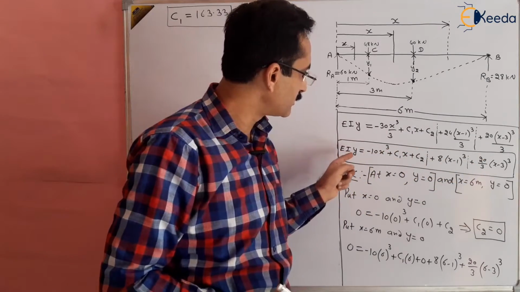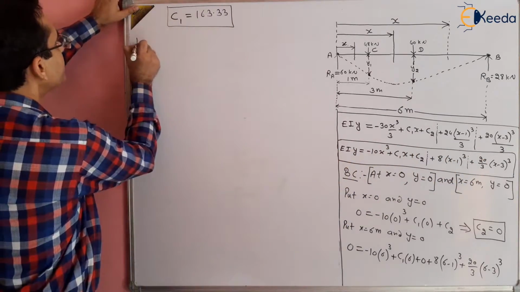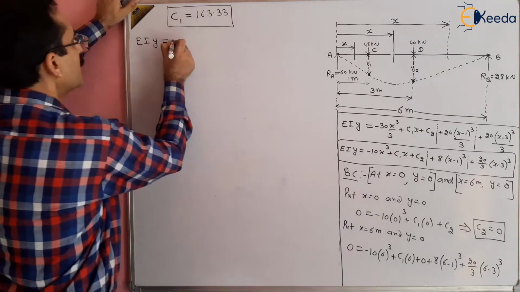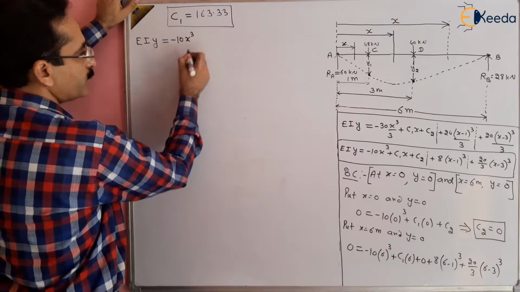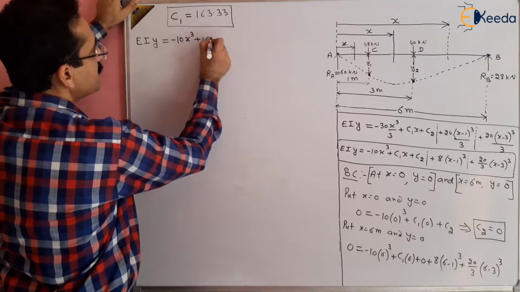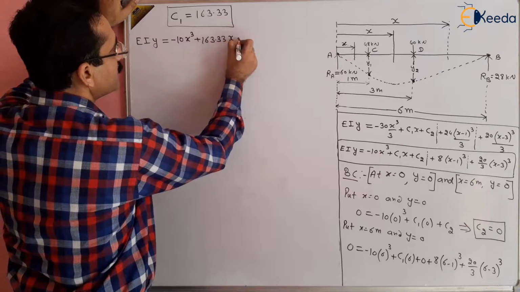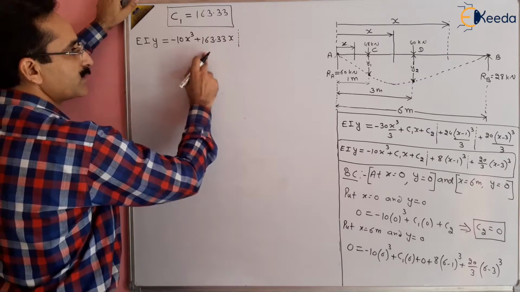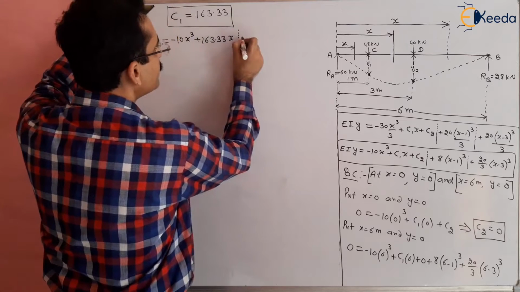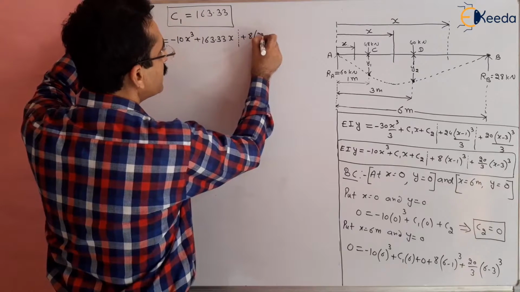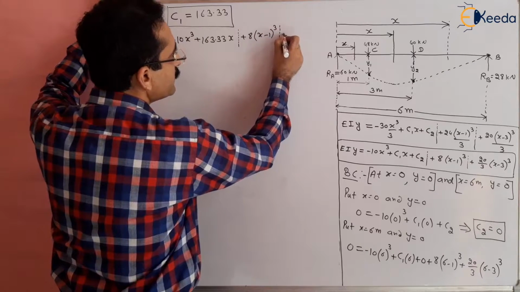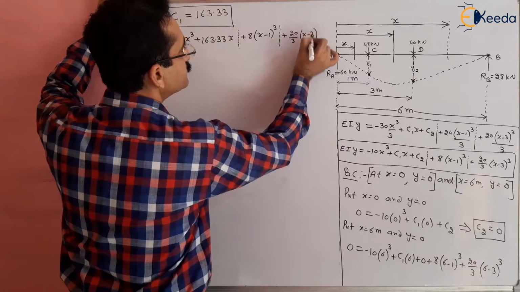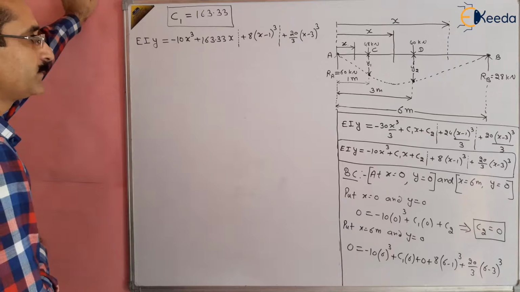Now the deflection equation is known to us: EI y will be equal to minus 10 x cube plus 163.33 x, C2 is 0, plus, and this is valid between A to C, 8 times (x minus 1) cube plus 20 by 3 times (x minus 3) cube. So this is the deflection equation, right?